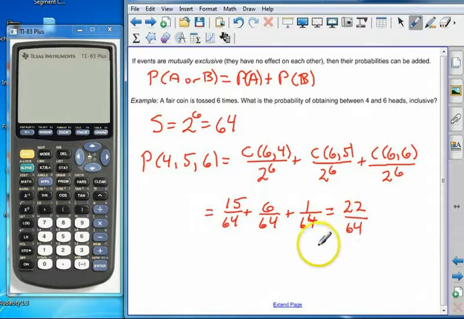So almost a third of the time you're going to get between 4 and 6 heads inclusively.